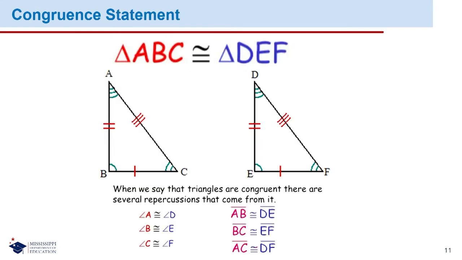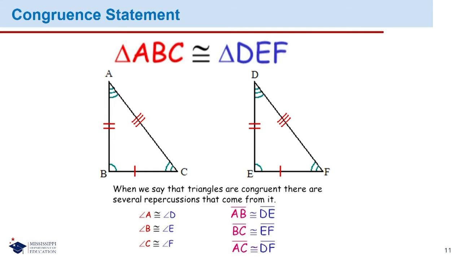Okay, so now let's look at a congruent statement. So this is read as triangle ABC is congruent to triangle DEF. So here I have a visual of the triangle, and you'll notice that side length BC matches side length EF.